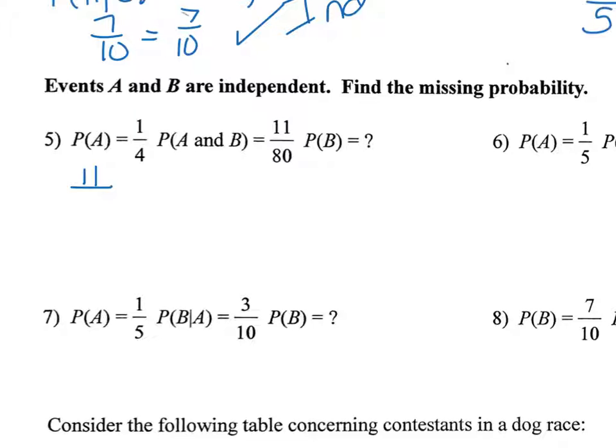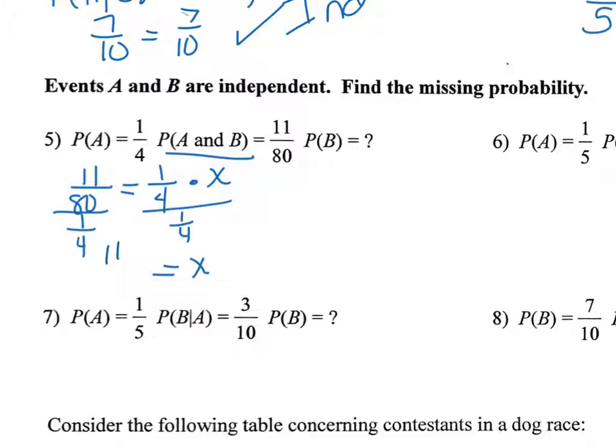So I know that the probability of A given B, which is 11 over 80, should be equal to the probability of A times the probability of B. But I don't know what that is. So you simply have to do the math. Either divide by 1/4, multiply by 4, whatever it takes to get the answer, and you're good. So this is 11 over 20.